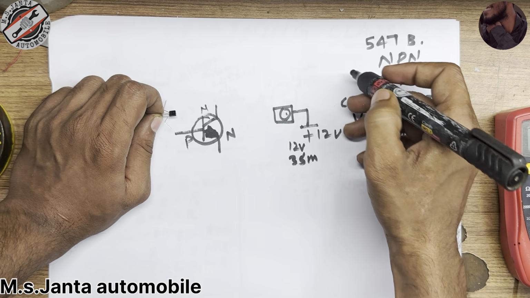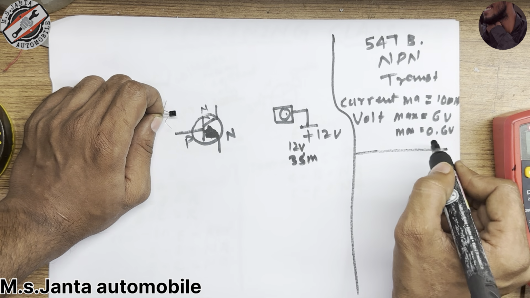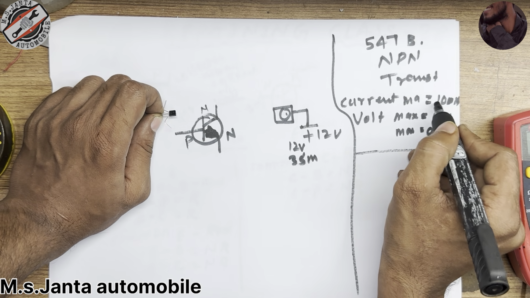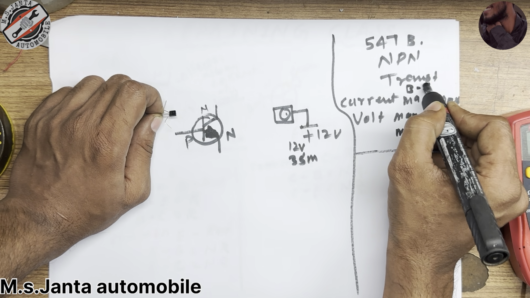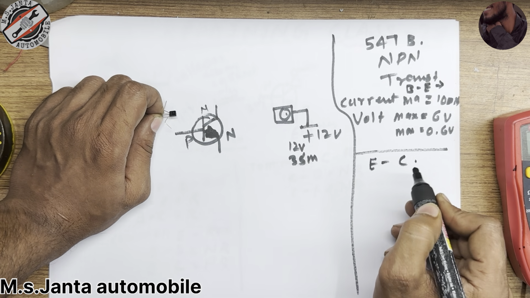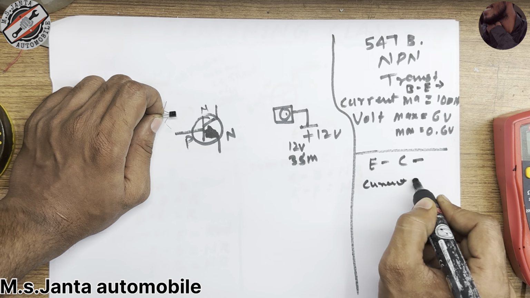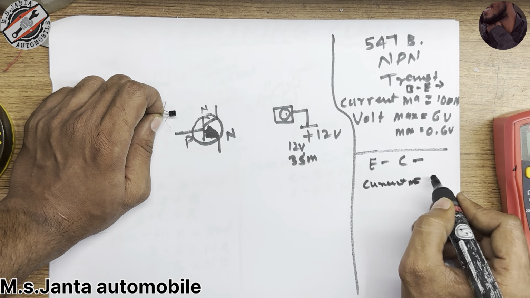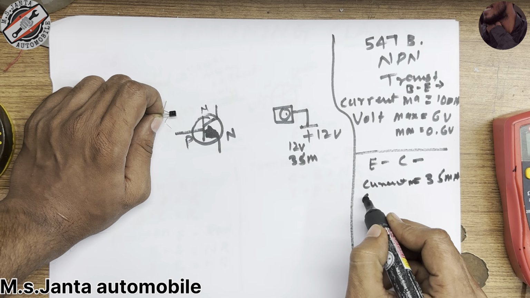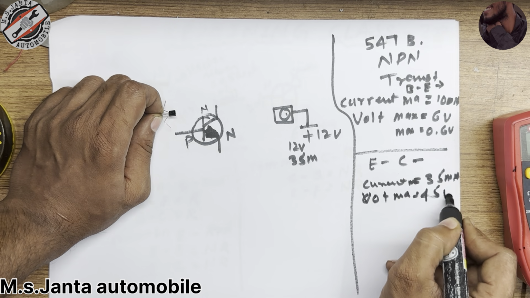And when you check the transistor data sheet, on that time this will show base to emitter, and emitter to collector voltage, the max current is 35 milliampere, and voltage max 45 volt.